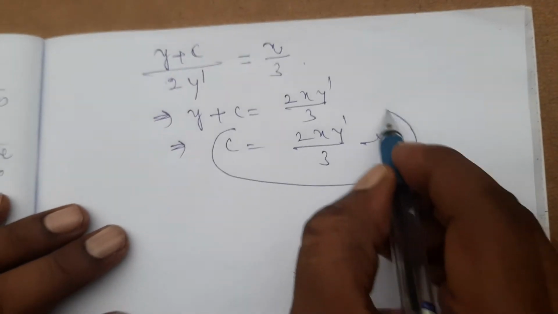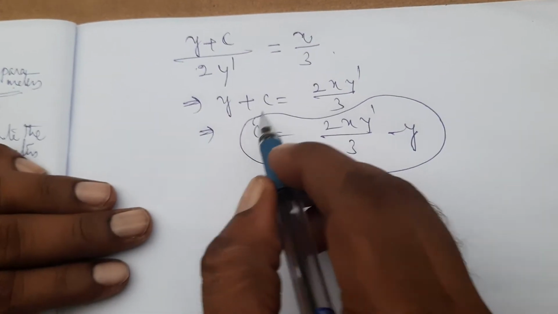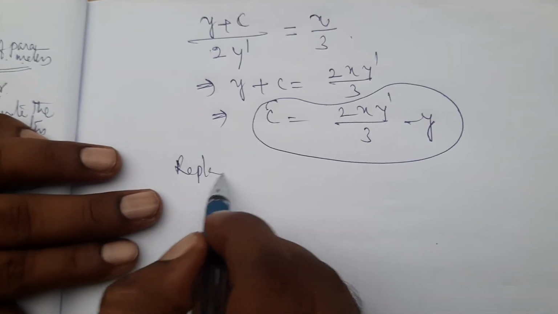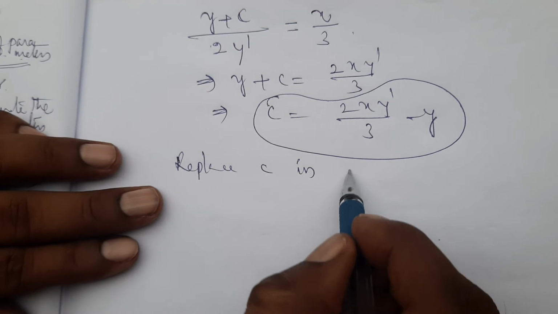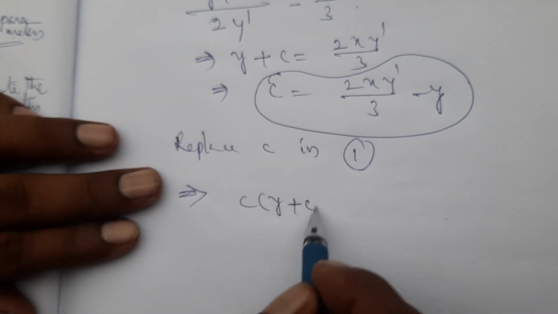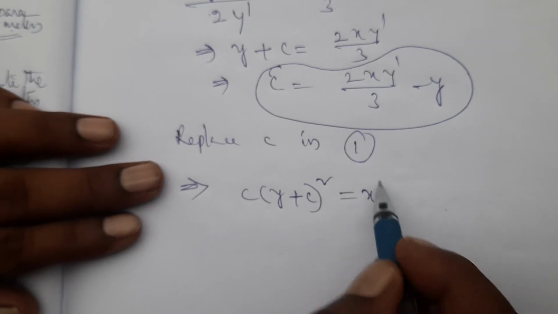Now replace this c value in the given equation, equation number 1. What is equation number 1? c into y plus c whole square equals x cube.